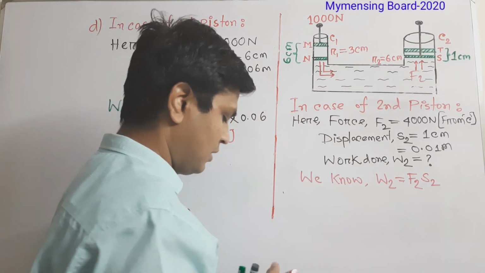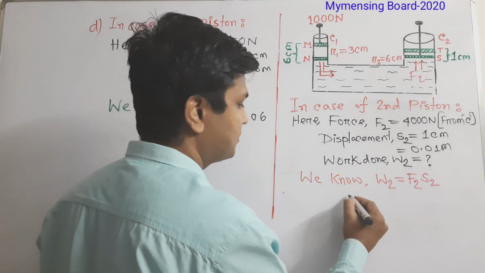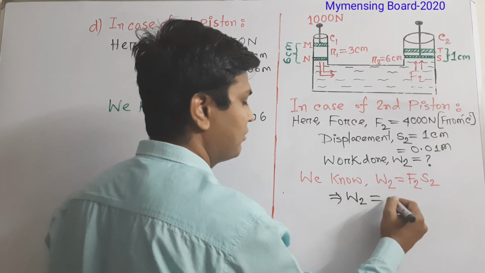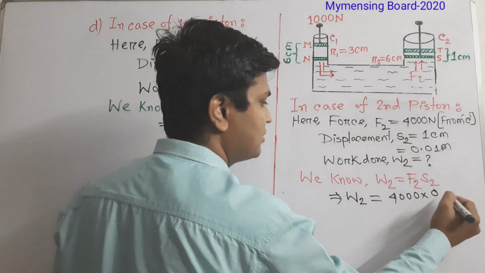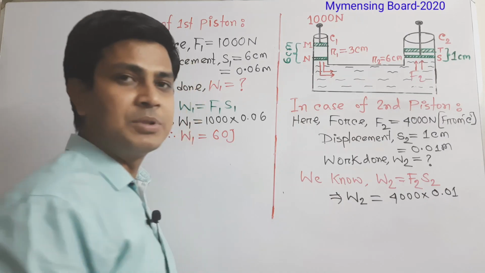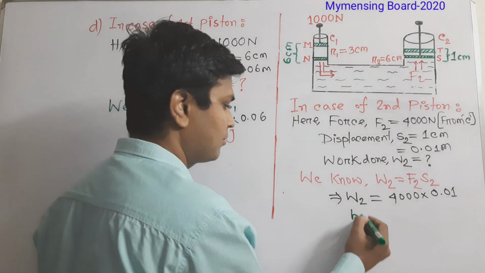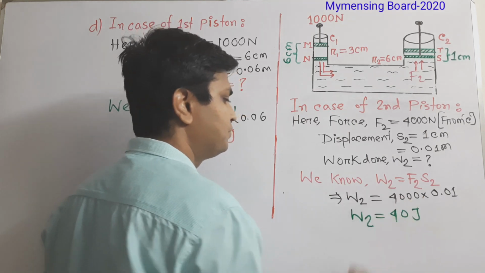Now if you put the values of F2 and S2, then we can write W2 equals F2 is 4000 and S2 is 0.01, and after calculating that expression we will get the work done by the second piston is 40 joule.